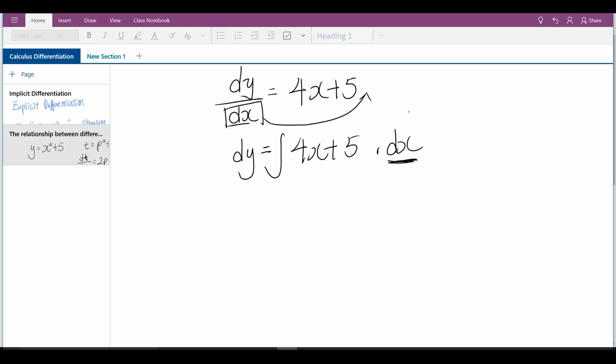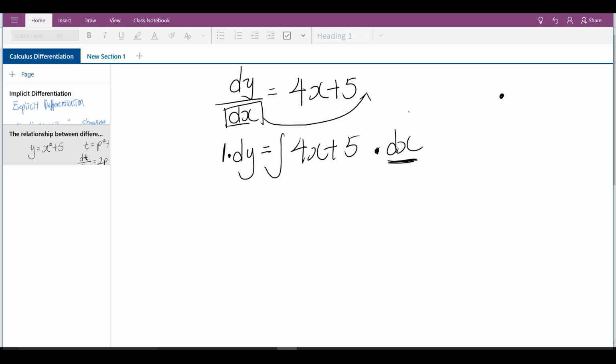But it's not just dy, it's 1 multiplied by dy. This dot here just means multiplied, nothing else. Most of the time people use the cross as multiply, but mathematicians use dots as well.